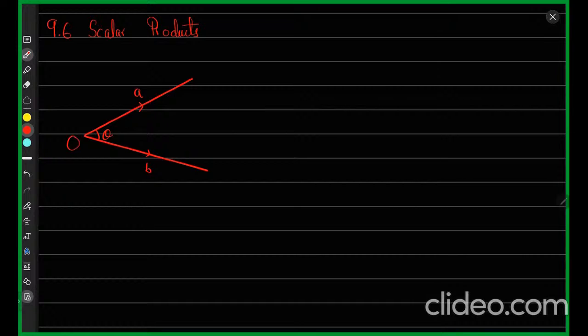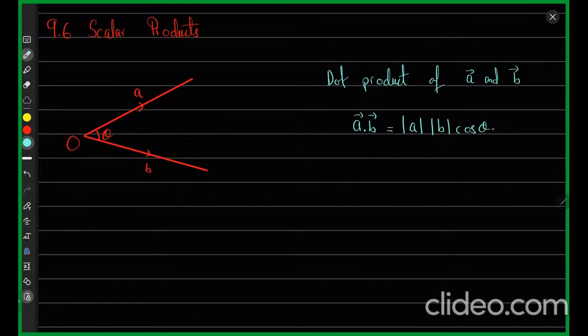The dot product is defined as, it's basically A dot B. This is how we denote the scalar product or the dot product, and it is equal to mod of A into mod of B into cos of theta.